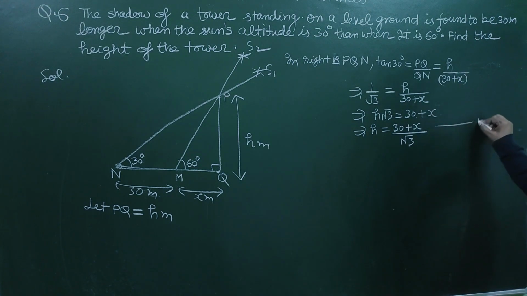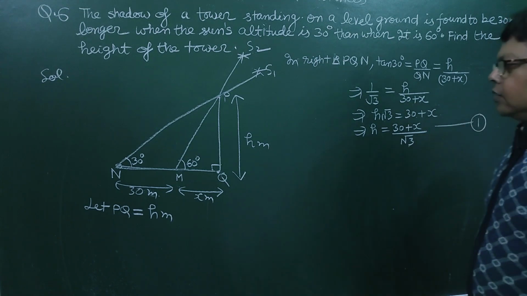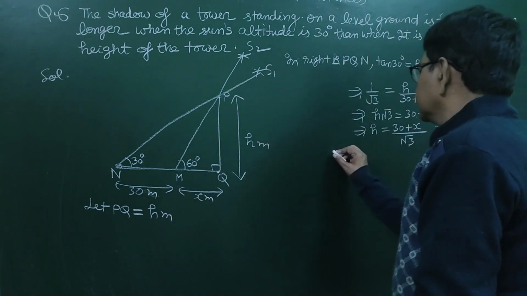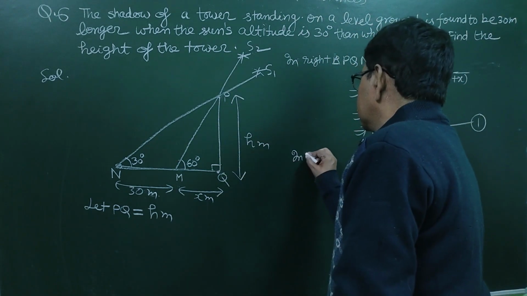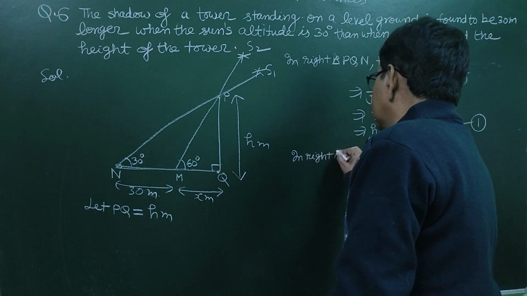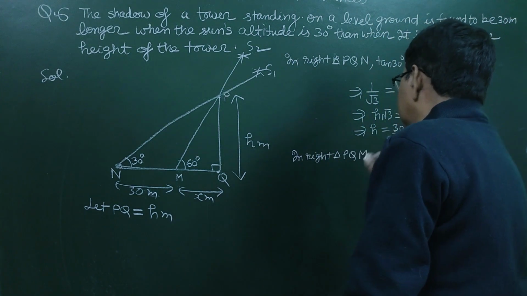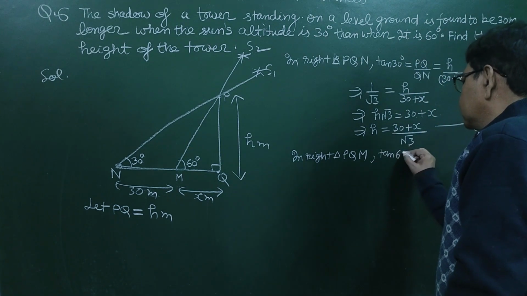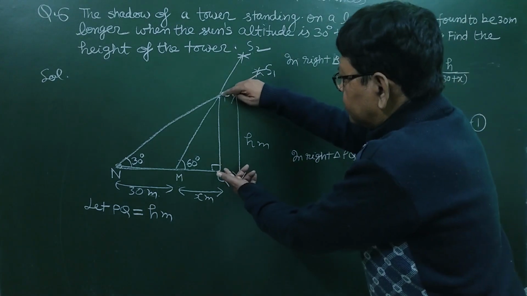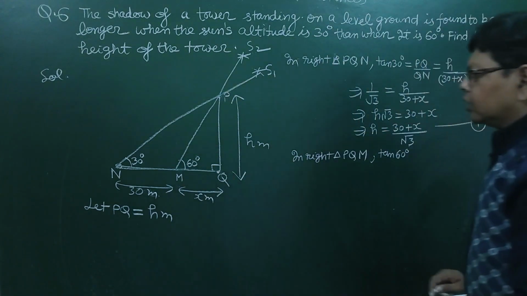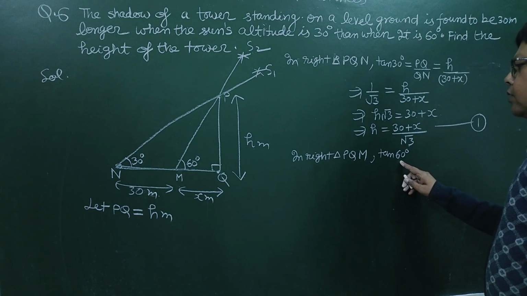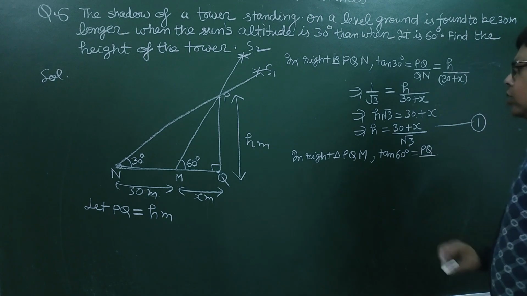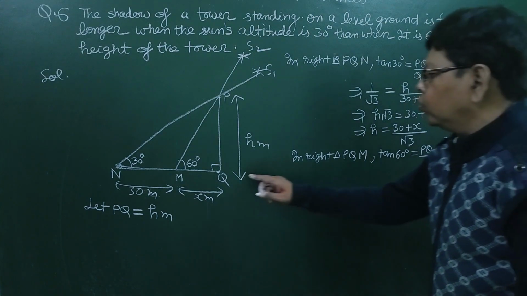This is first equation. Now let us consider the other right triangle PQM. In right triangle PQM, perpendicular and base are involved, so we will consider tan theta. Tan 60 degree is equal to PQ upon QM.